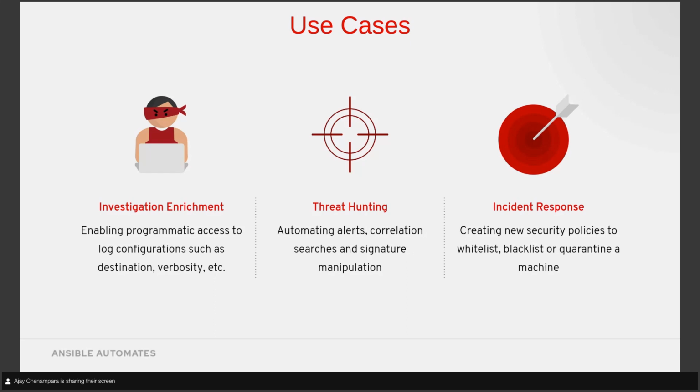And finally, when an incident happens, effectively respond to that incident. So using these three buckets of use case categories, let's understand how Ansible can help with some specific use cases and some playbooks and examples.